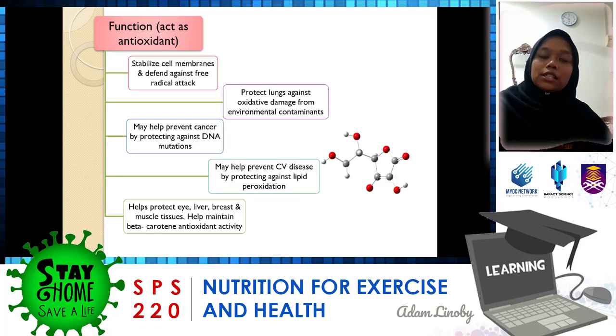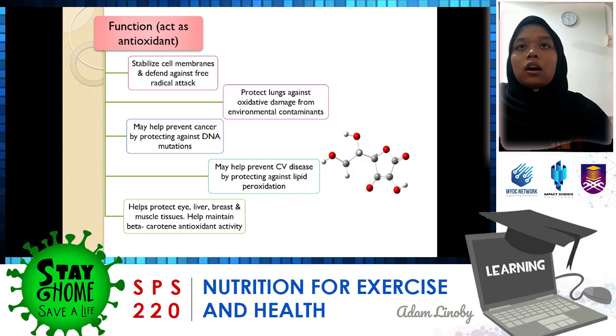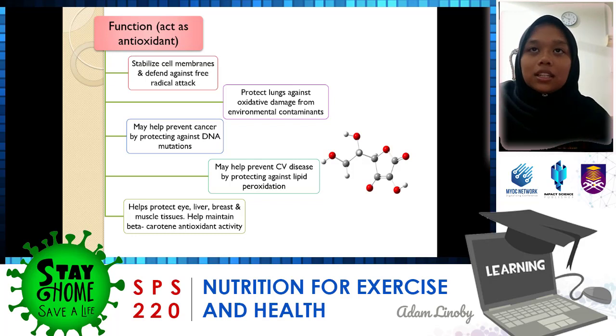So next is function. Vitamin E acts as an antioxidant. First is to stabilize cell membranes and defend against free radical attack. Second is to protect lungs against oxidative damage from environmental contaminants. Third is it may help prevent cancer by protecting against DNA mutation.